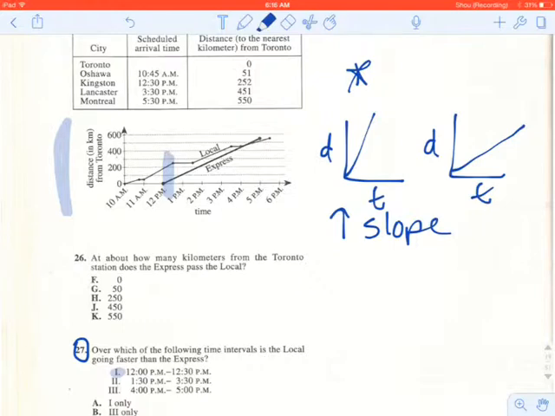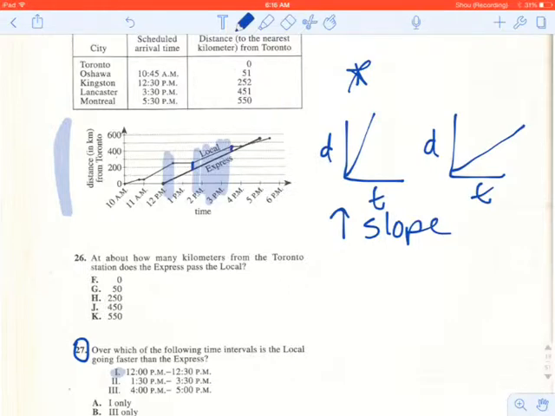The next region is 1:30 to 3:30. Another way to compare is to look at our endpoints. So you can see about how much distance there is between the local and express, here, and then here.